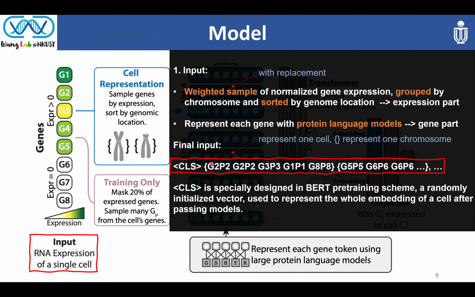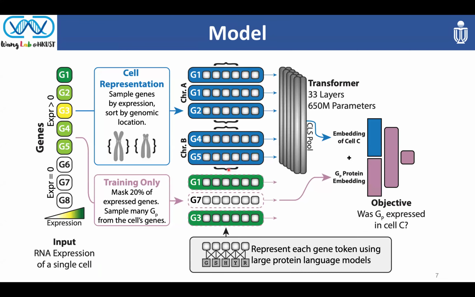This G2 is the expression embedding, and this P2 is the protein embedding. We combine them together, concatenate them, and here it will generate the embedding of this cell.